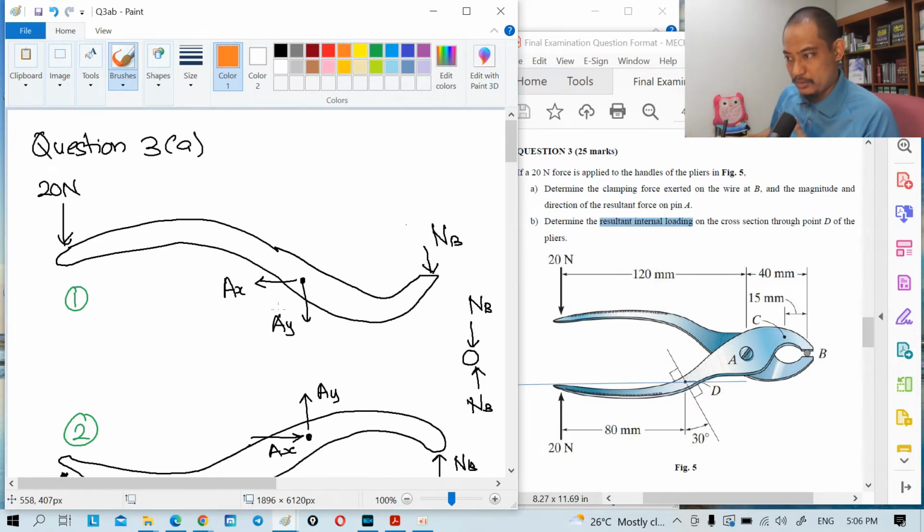So what we need is, okay, this is the distance until this point is 120 millimeter, and then here is 40 millimeter.